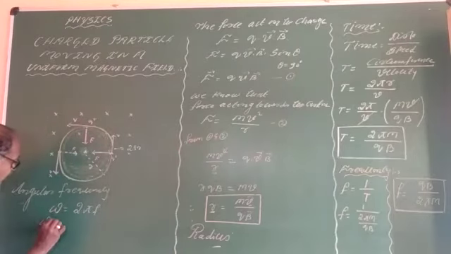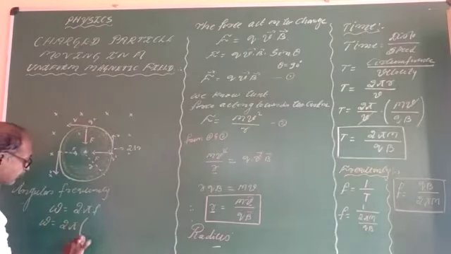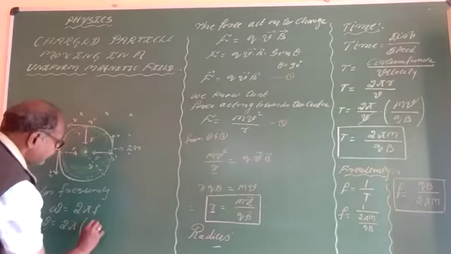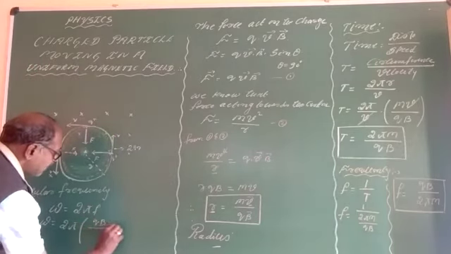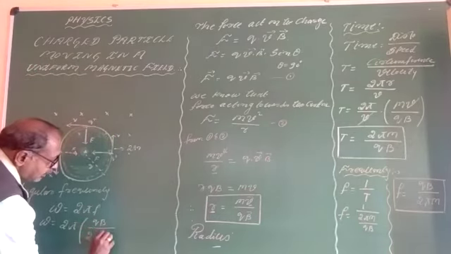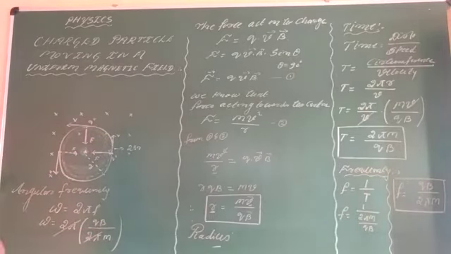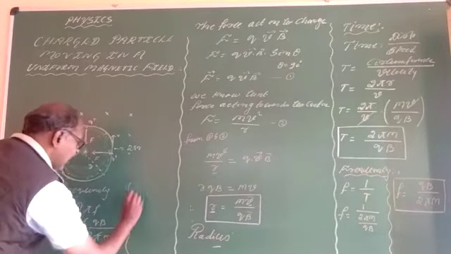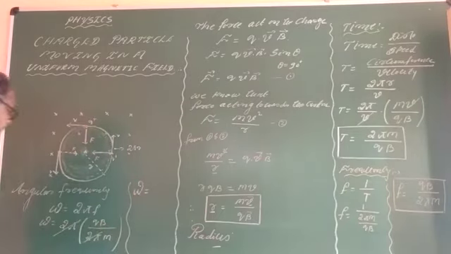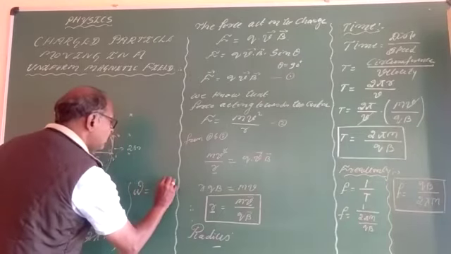So omega is equal to 2 pi into qB divided by 2 pi m. The 2 pi cancels. So the angular frequency omega is equal to qB divided by m.